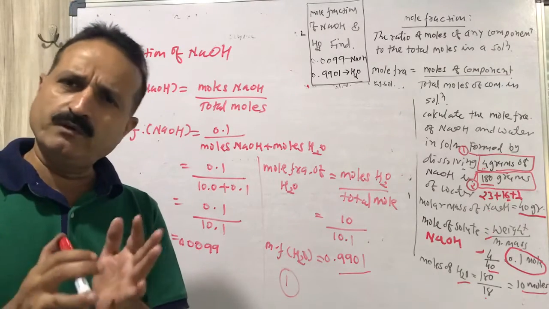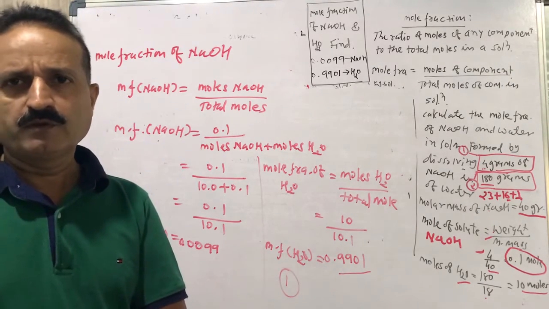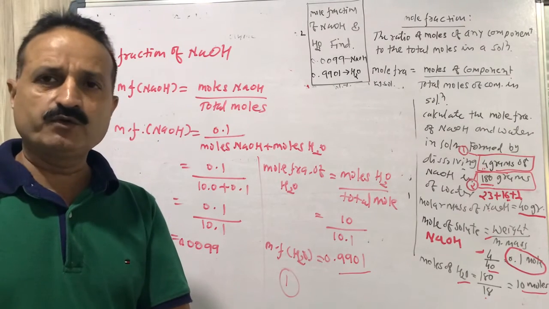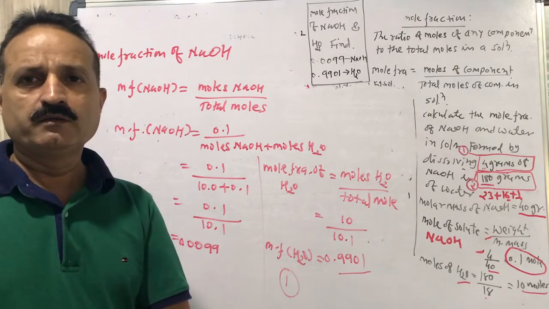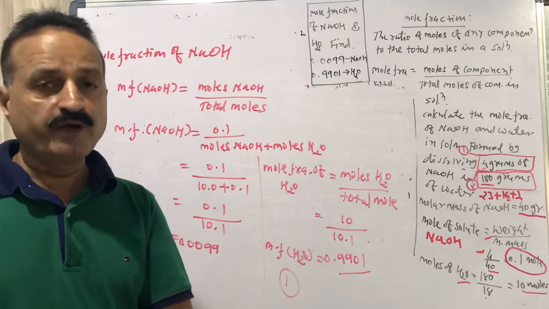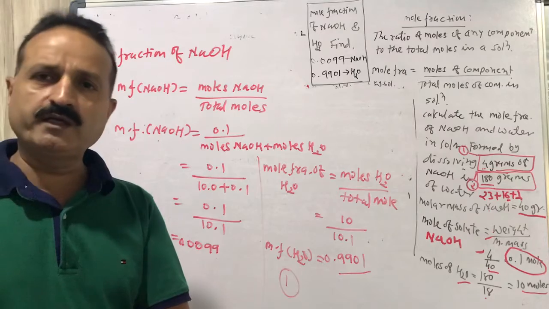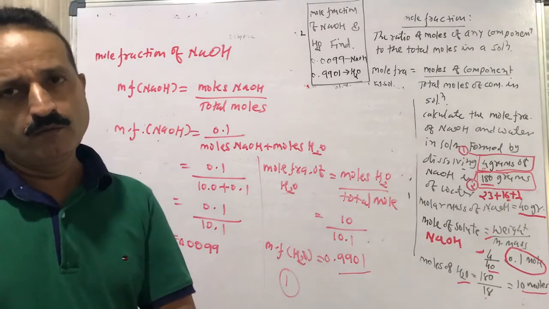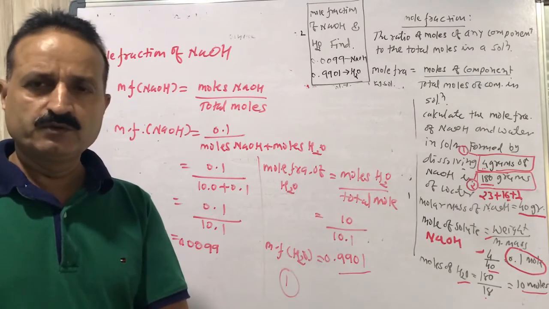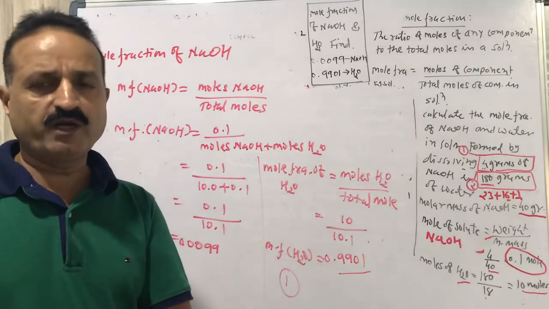So very simple, very easy. Try to remember formula. I'm sure that you will definitely understand all these units: normality, molality, mole fraction and percentage by weight. Very simple. So revise my video lecture.